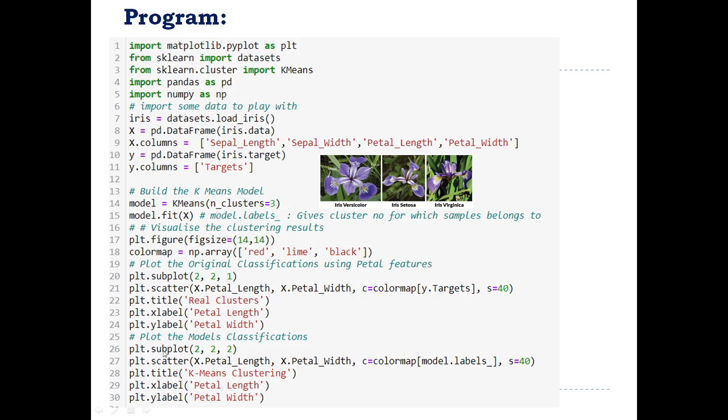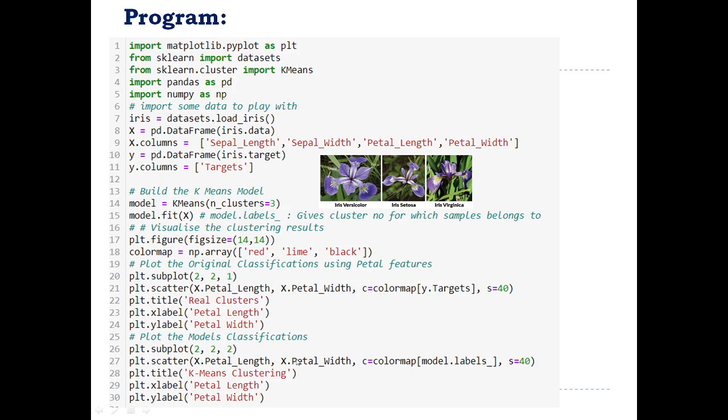Next we will plot a graph for the k-means clustering. Here again we will call the subplot function with two rows and two columns, and this is the second graph plot, so we give 2. The first one was 1, the first graph, and this is the second graph.